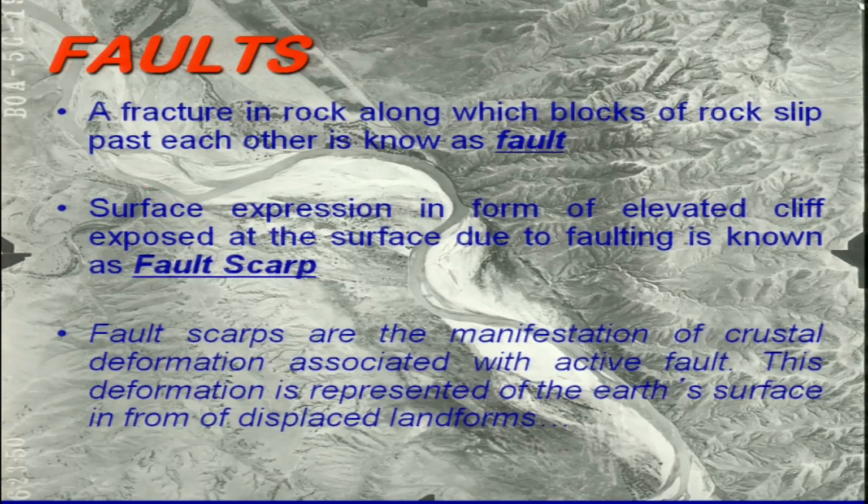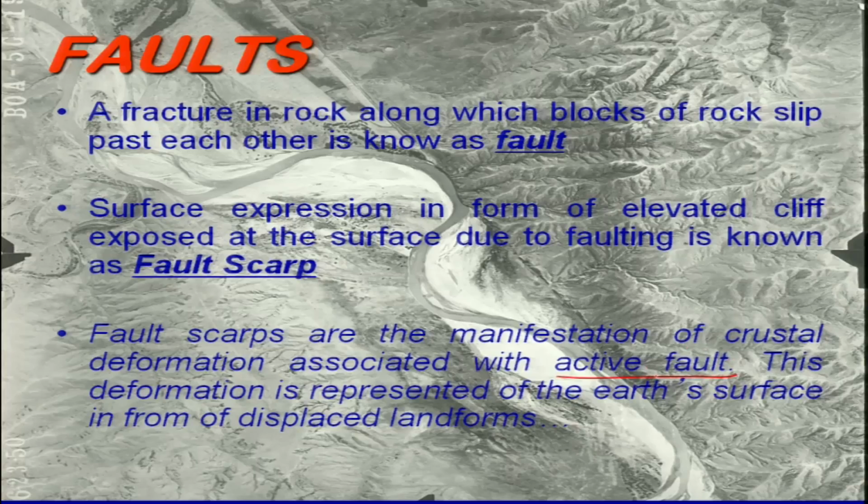Fault scarps are the manifestation of crustal deformation associated with active faults, because what we see today is the manifestation of the ongoing deformation, and since we term this on the surface that this is a fault and it is active, because otherwise we will say this is dormant.